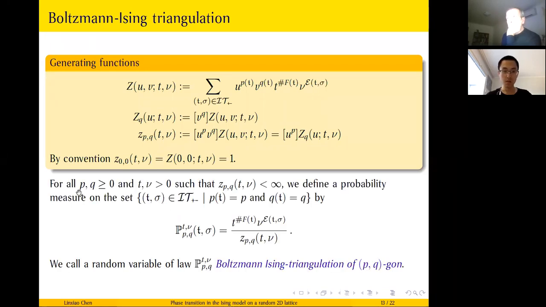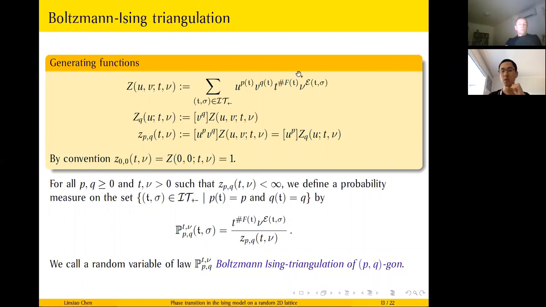And so given a pair p and q and a set of parameters t and nu, if this coefficient Zpq is finite, then we can define a probability measure on the set of these Ising decorated triangulations with a fixed boundary length p and q.